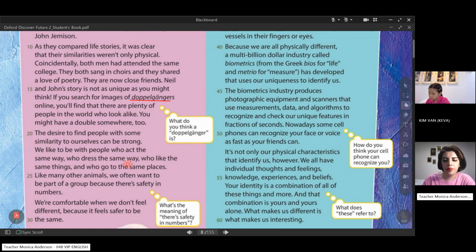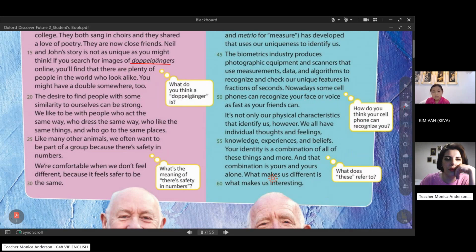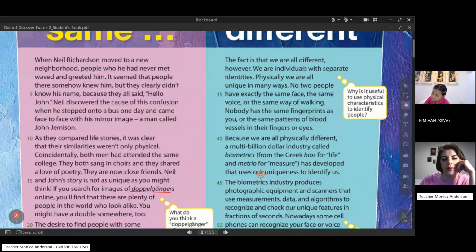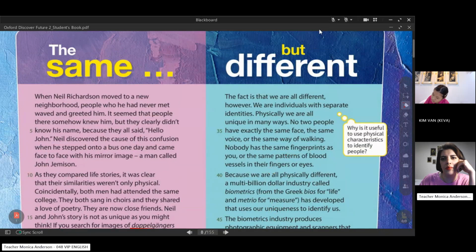We like to be with people who act the same way, who dress the same way, who like the same things, and who go to the same places. Like many other animals, we often want to be part of a group because there's safety in numbers. We're comfortable when we don't feel different because it feels safer to be the same.